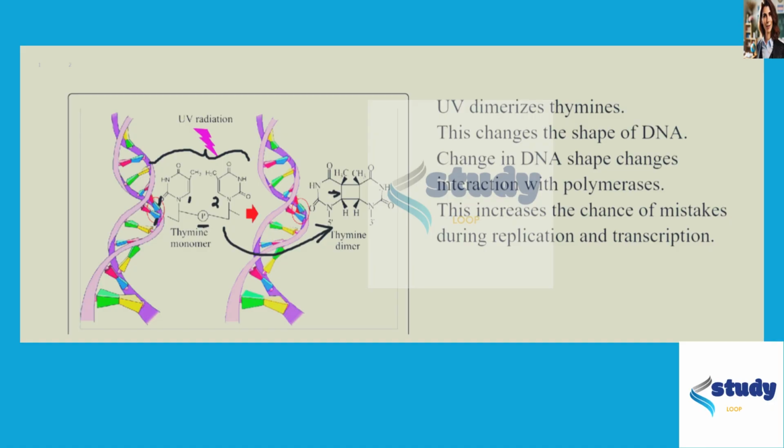When you change its shape, you change the way that that section of the DNA is interacting with transcription factors or with RNA polymerases or with DNA polymerases, either polymerases. And when that changes, you then start affecting either replication or transcription or both. So this is why UV radiation is harmful to you.